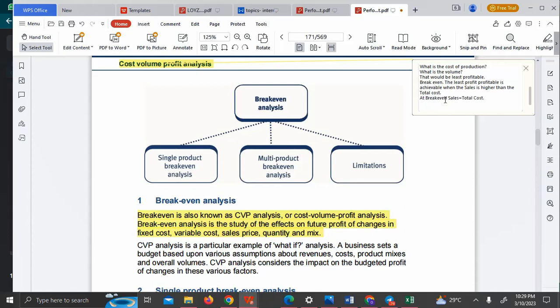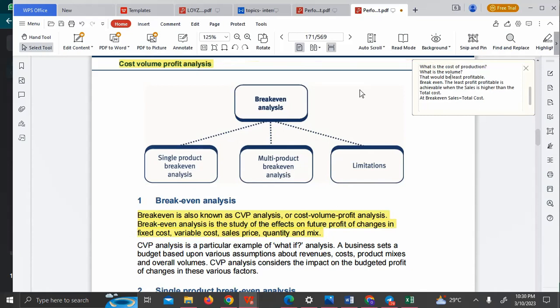Explain again. I said at break even, what you sell will be equal to your total cost. Okay, at break even, sales equals total cost.